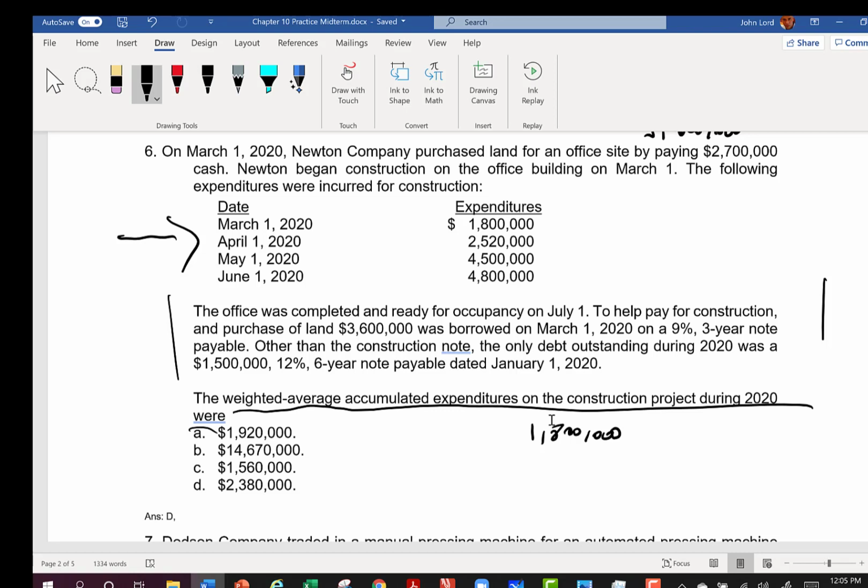It was going on for 4 months of the year. So you have to take that times 4/12 times 1,800,000. Doing the math on that, that gives me 600,000, right?